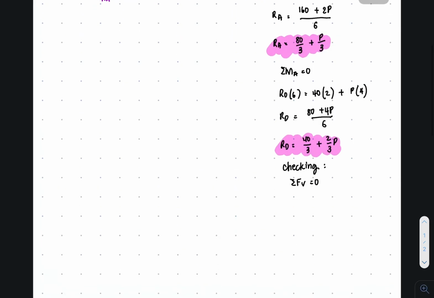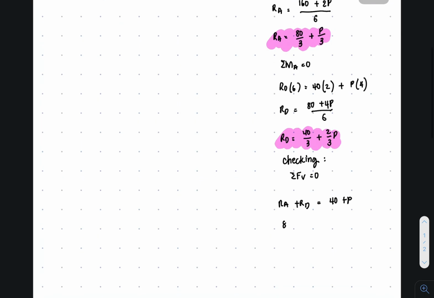So you have RA plus RD, and that's equal to 40 plus P. So let's just check. It's 80 over 3 plus P over 3 plus, for the RD, it's 40 over 3 plus 2/3 of P equal to 40 and P.